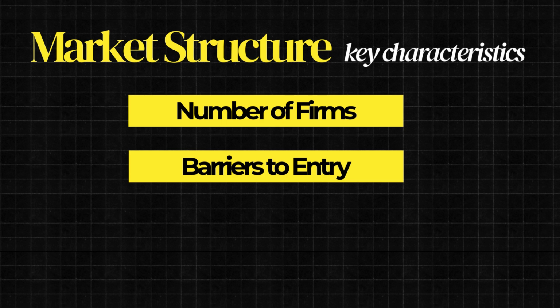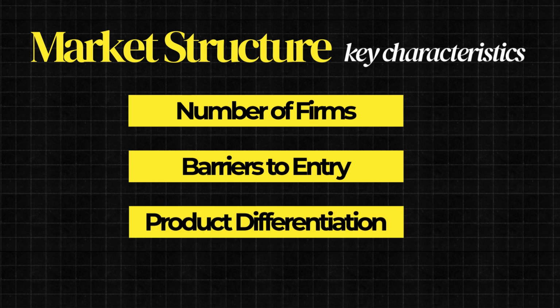The next characteristic is product differentiation. Even though firms may sell the same product, they may try to gain an advantage over the competition by making their products slightly better and therefore different than the other firms. For example, Nike and Adidas both sell basketball shoes, but if you believe that Nike shoes are better than Adidas because they are somehow different, you may be willing to pay a higher price, and therefore Nike has greater market power.